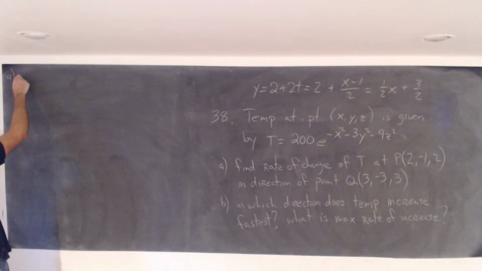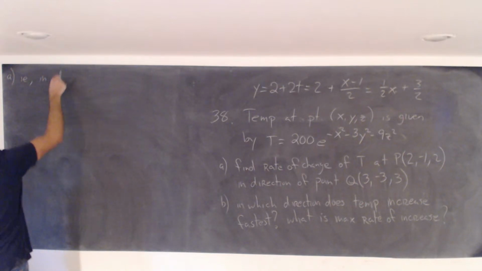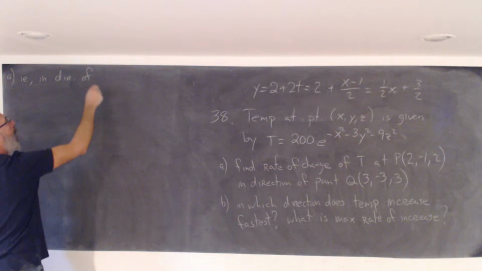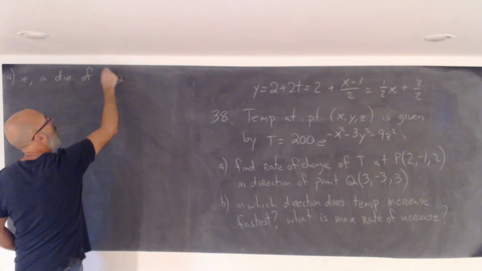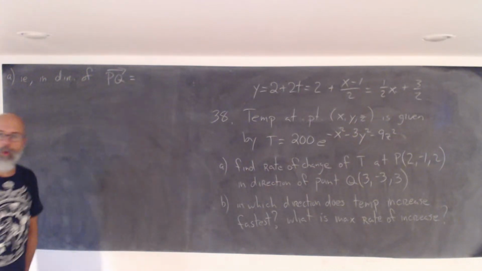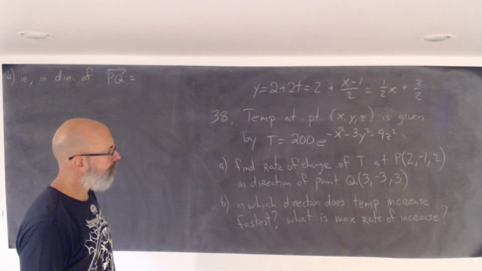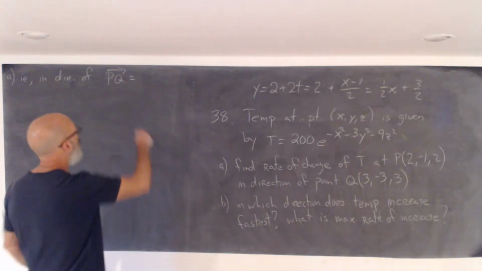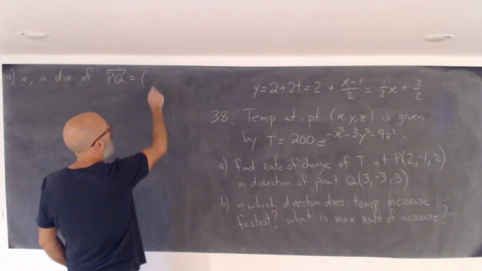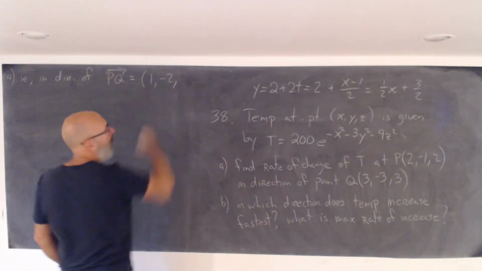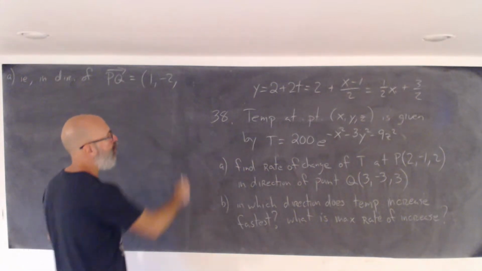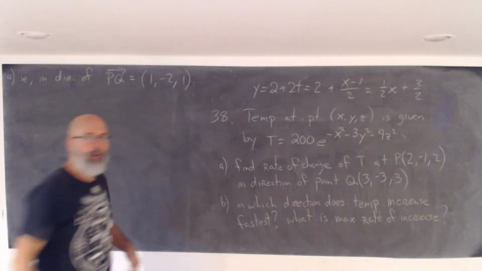Or really, in the direction of the vector PQ. The vector PQ, which is the vector (1, -2, 1).